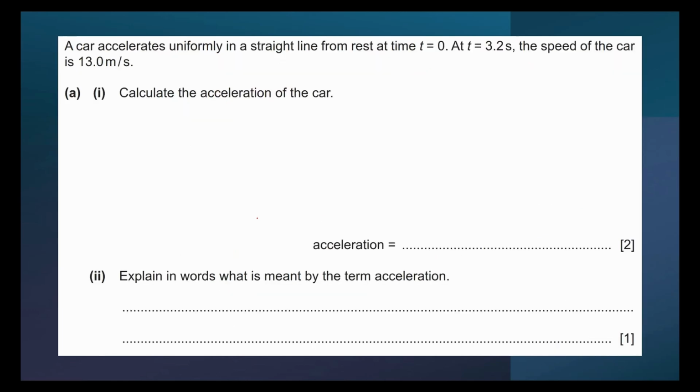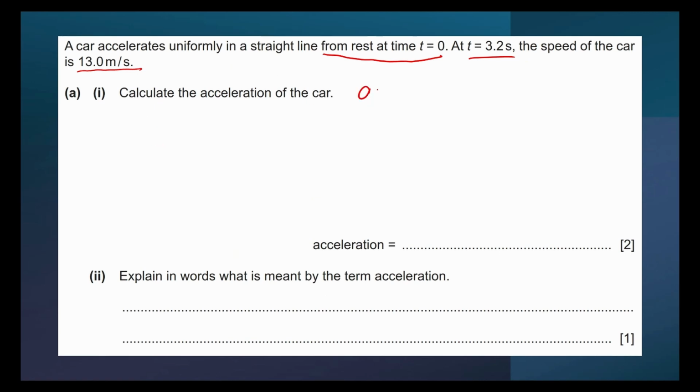Look at this question. A car accelerates uniformly in a straight line from rest at time t0. At time equals 3.2 seconds, the speed reaches 13 meters per second. Calculate the acceleration.